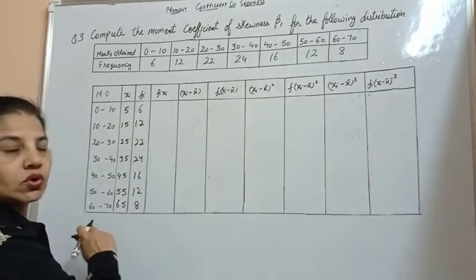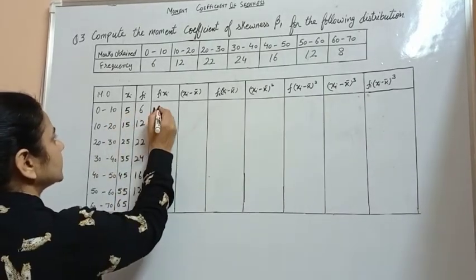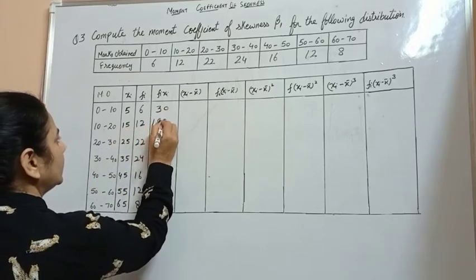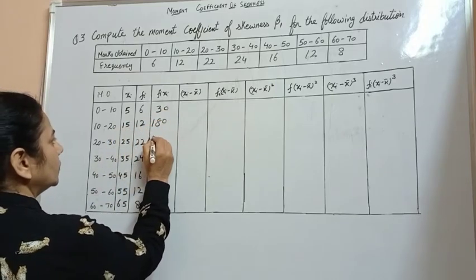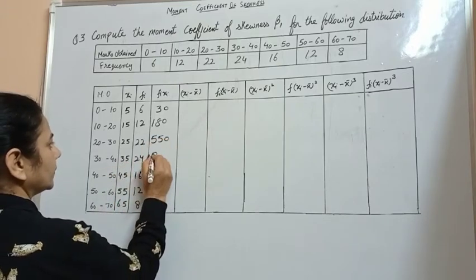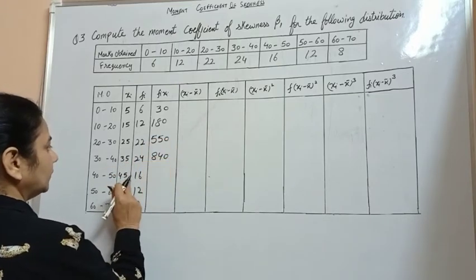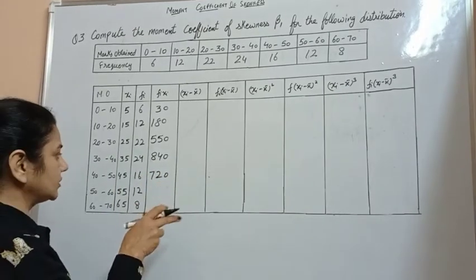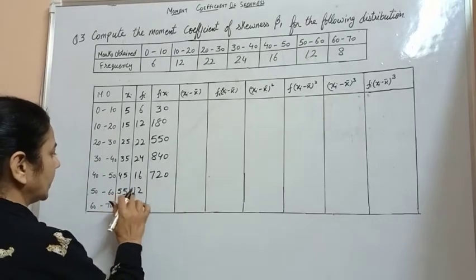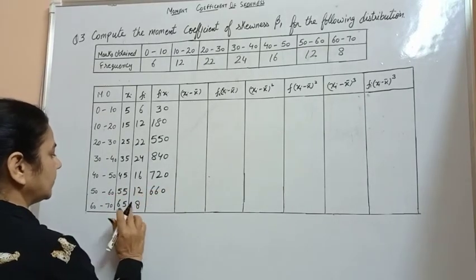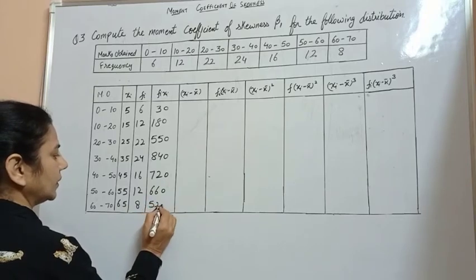Now multiply these two columns, fi and xi. 5 into 6 is 30, 15 into 12 is 180, 25 into 22 is 550, 35 into 24 is 840, 45 into 16 is 720. Please verify, calculate yourself and also check whether this is correct. 15 into 12 gives the result as 660 and 65 into 8 is 520.